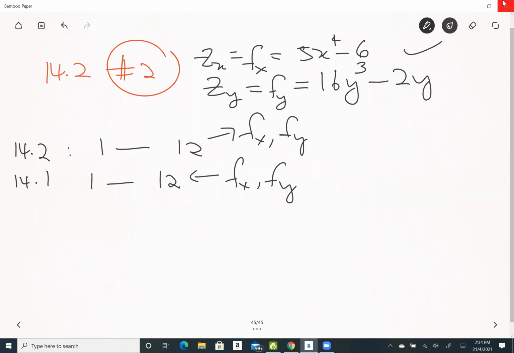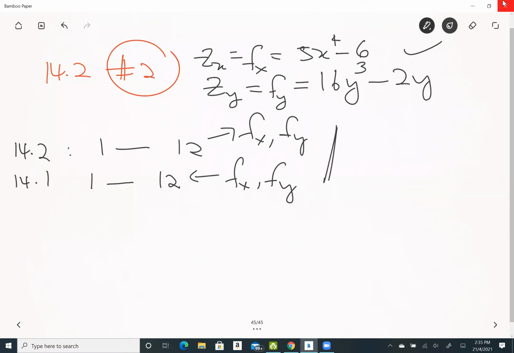The additive or subtractive. Everybody clear? So when you do the derivative with respect to x, y is constant. When you do derivative with respect to y, x is constant, and you apply the constant rule. So you go home, do the questions that I give you here, and you'll get more familiar.